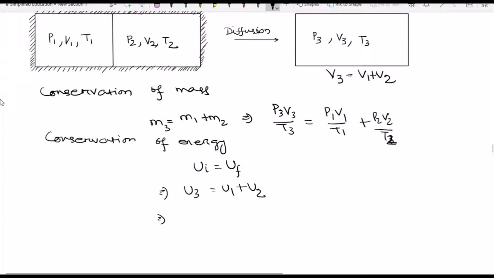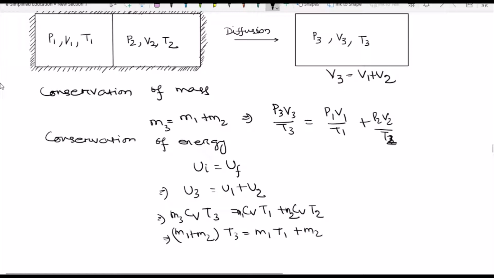So I can write M3 CvT3 will be equal to M1 CvT1 plus M2 CvT2. So M3 can be represented as M1 plus M2, into T3, that is equal to M1 into T1 plus M2 into T2.